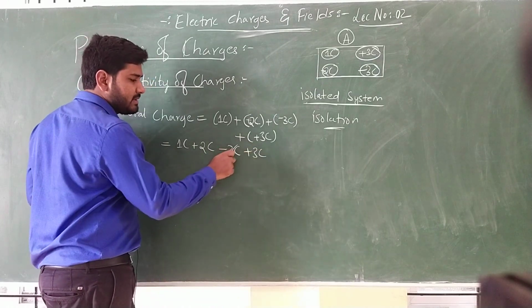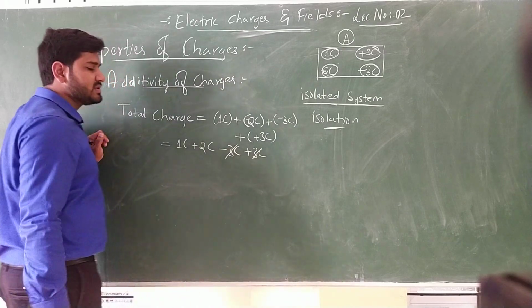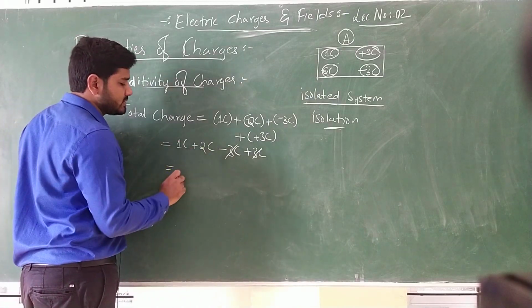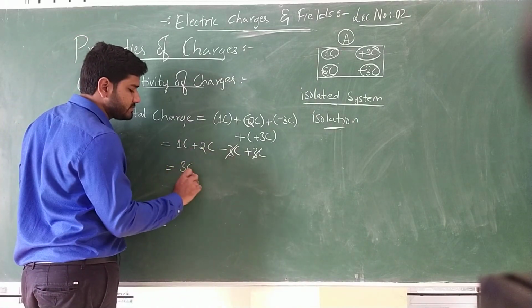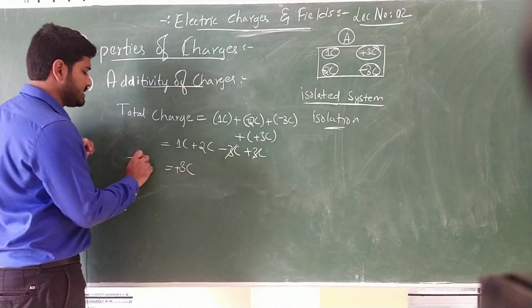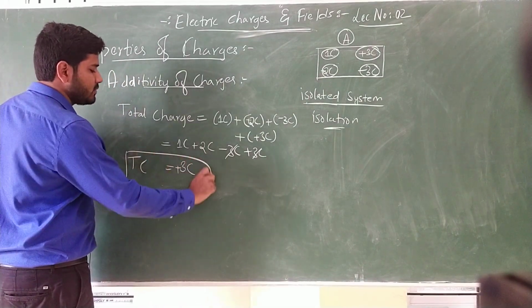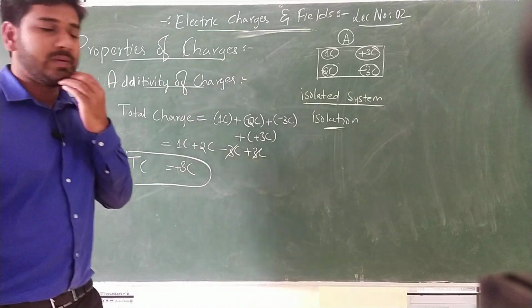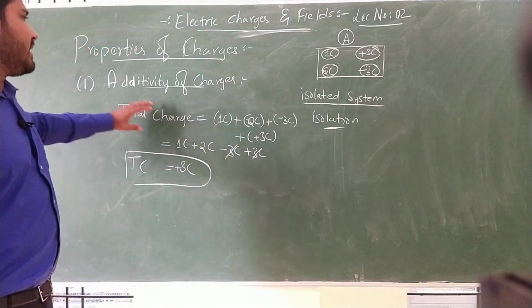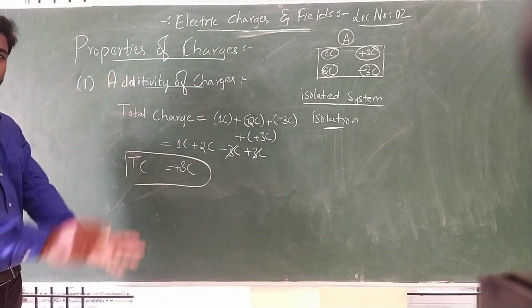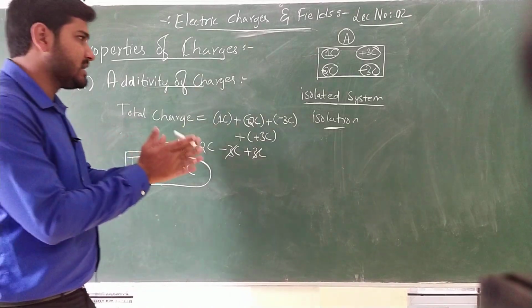Just see, plus 3 coulomb minus 3 coulomb will be 0. So 1 plus 2 coulomb will be equal to 3. That is, the total charge is plus 3 coulomb. Understood?